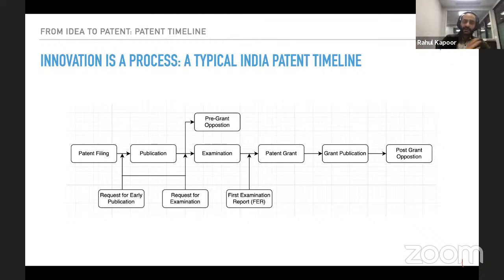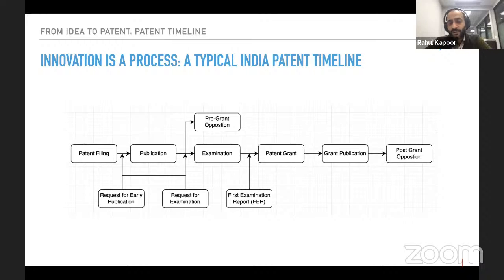But most of our clients do it at the same time as filing, which basically means examine it as early as possible. Only when they get a request for examination will they start to examine your patent. It also costs money: 4,000 rupees for individuals. I'll tell you a little bit about the pricing.